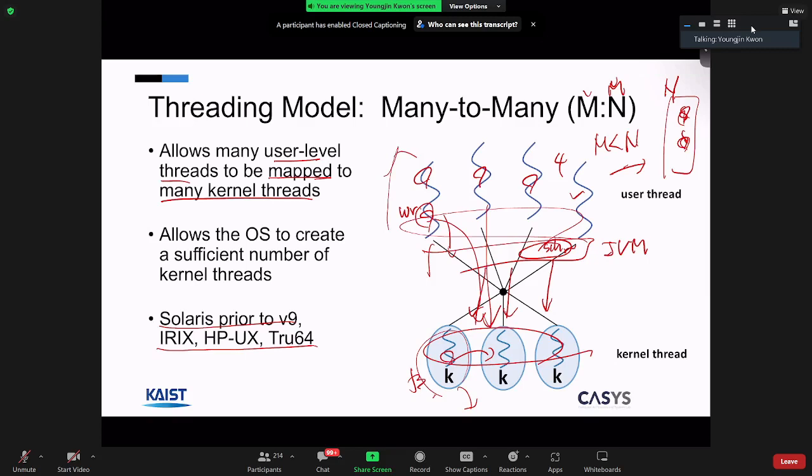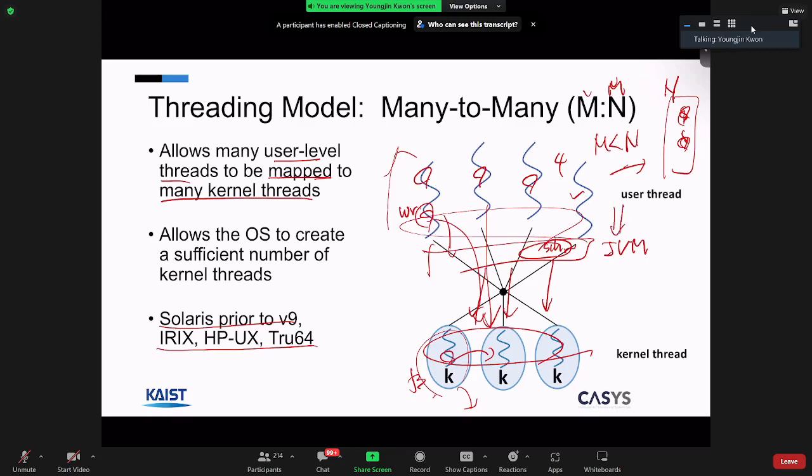Why do you use many-to-many when creating a kernel thread is still expensive? Okay, good point. So here, yes, but the many-to-many model is good for creating a large number of threads.